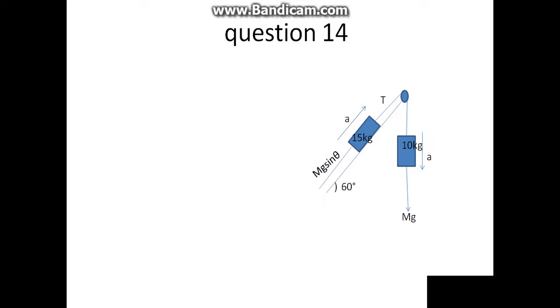Question 14. A body of mass 10 kg is being hung over a pulley to be dragged up by a body of mass 15 kg down an inclined plane at an angle of 60 degrees. We are not given the acceleration, we are asked to look for the tension.